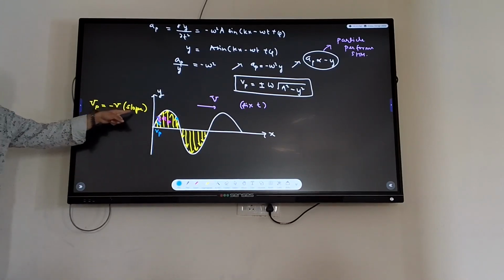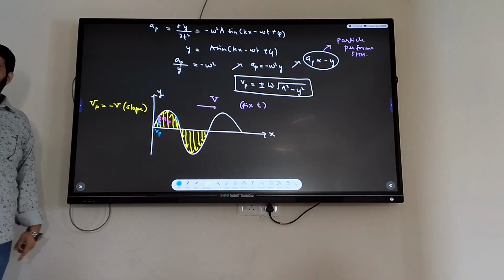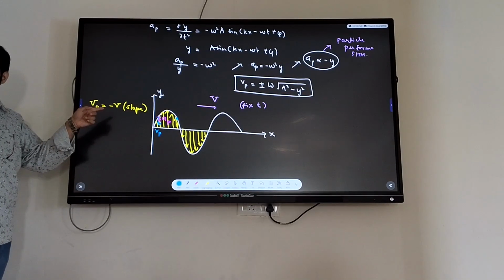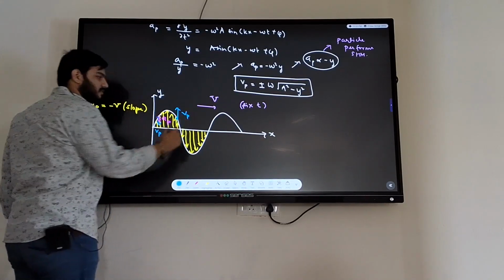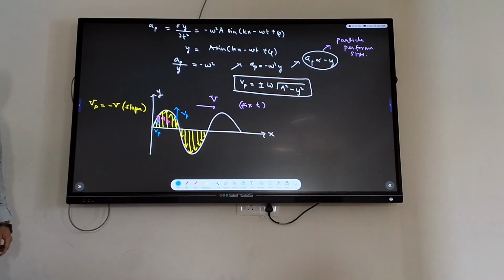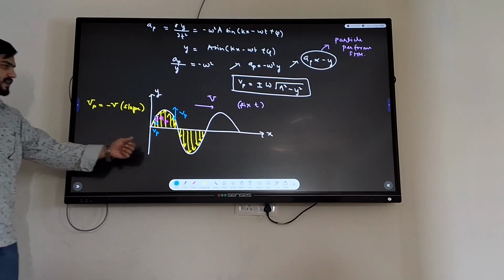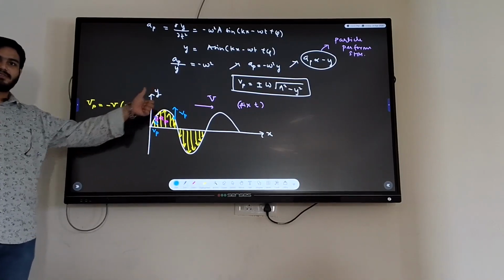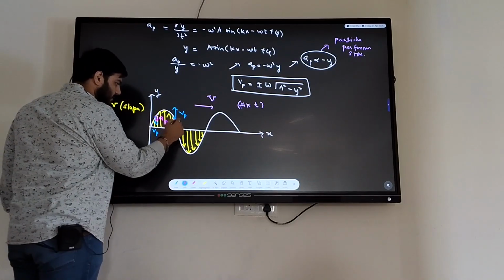So this is a negative value, negative into negative, positive. V is always positive, no? So what will be the VP? Up. It should be up. What about the AP? It will still be down because the oscillation is still happening upwards. Yes or no?